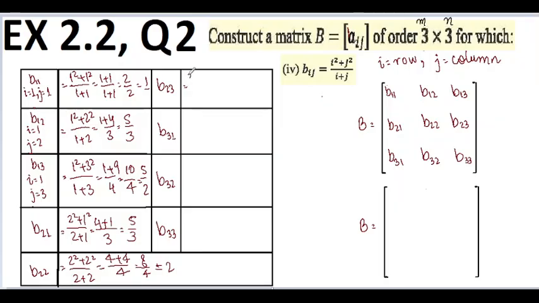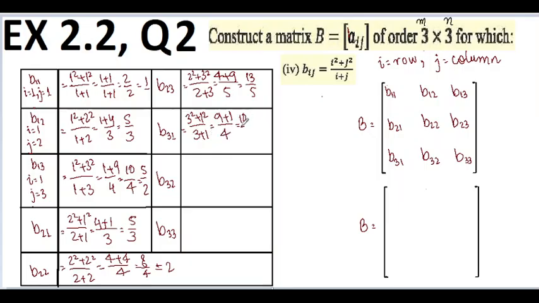Now the next term is B23. So we get 2 square plus 3 square whole divided by 2 plus 3. It is equal to 2 square gives us 4 plus 3 square gives us 9 whole divided by 2 plus 3 gives us 5. So 9 plus 4 is 13 by 5. The next term would be 3 square plus 1 square whole divided by 3 plus 1. So we get 3 square is 9 plus 1 square gives us 1 whole divided by 3 plus 1 gives us 4.